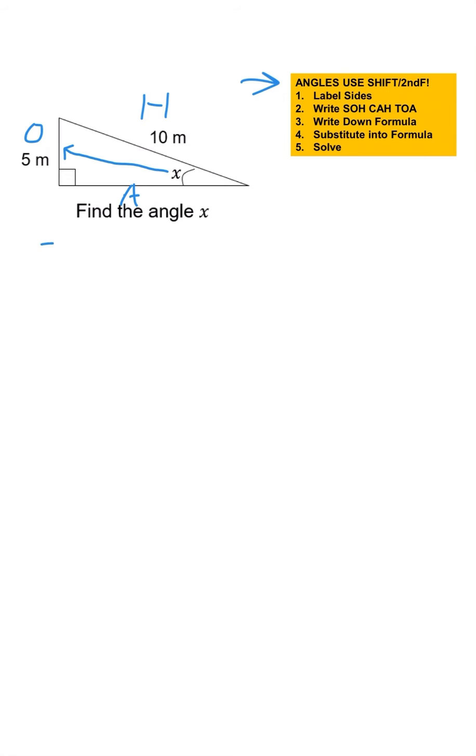Step 2, I'm writing down SOH CAH TOA. Now, let's see which side I have no information about. I have something for the opposite, I have something for the hypotenuse, I have nothing for my adjacent. So anywhere I see an A in SOH CAH TOA, I put a line through it, because I'm not using my adjacent. So I'm using SOH.